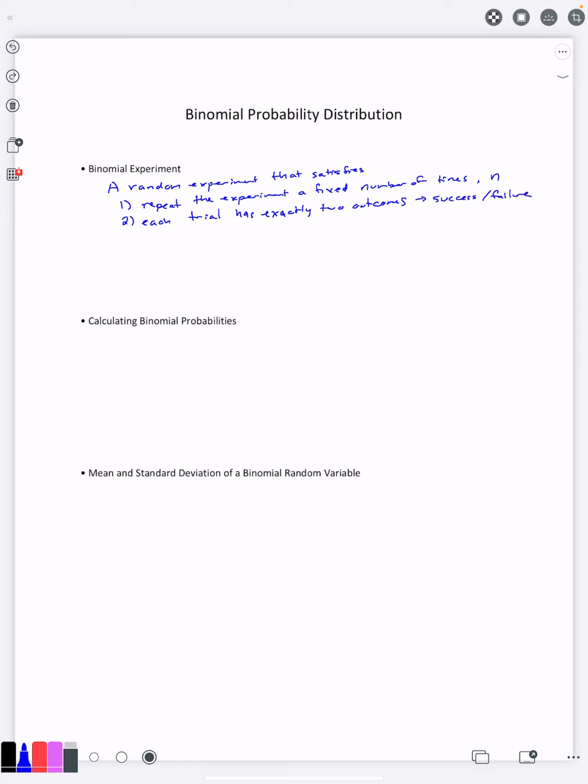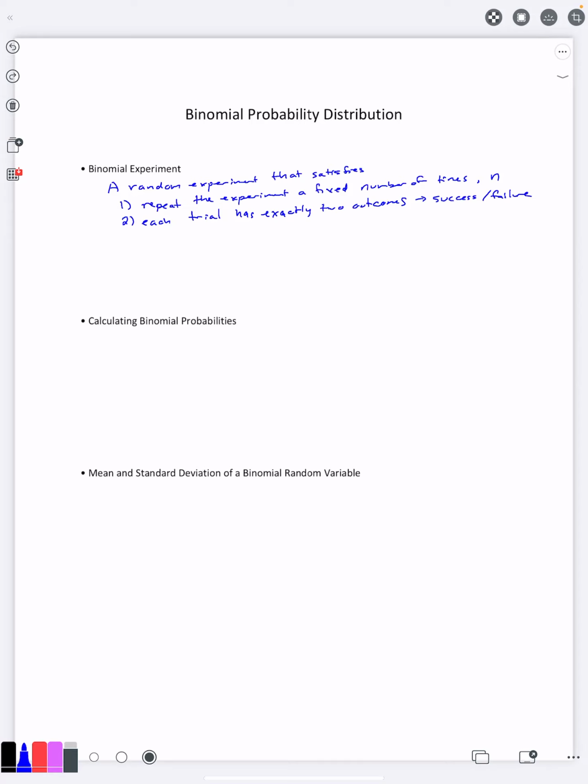I want to point out something that is kind of unfortunate. I don't know who decided to call these things success and failure, but one of the types of problems I've seen in many textbooks is they'll say, we have a couple that decided they're going to have 4 kids, and here's the probability of them having a boy versus a girl, and then use the binomial probability distribution to find the chance of them having 3 girls out of 4. Well, in that case, you need to call one of the outcomes success and one of them failure, and that is a big problem.